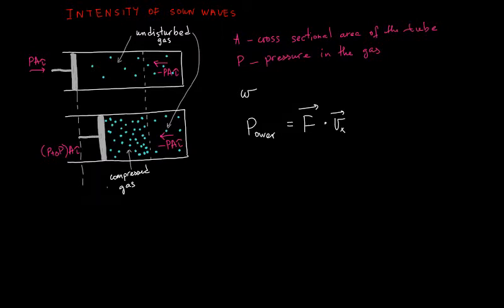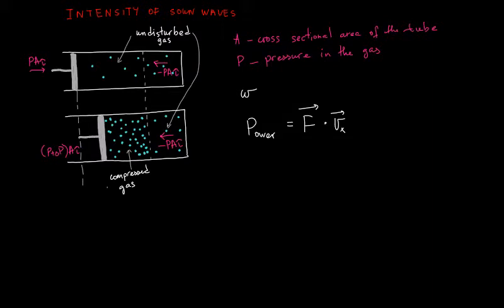Let's suppose it moves back and forth with the speed of Vx. I have used power as a whole word rather than P so that we do not confuse power with the pressure P. So in this expression, the force is associated with the pressure and the velocity is the derivative of the displacement function. Well, let's write that down.